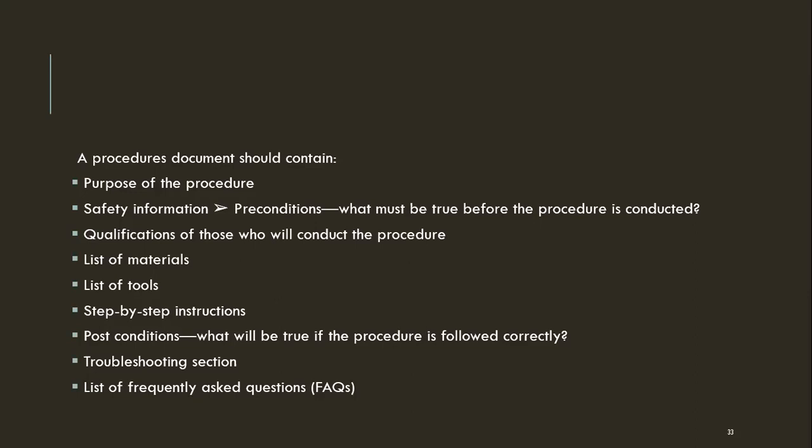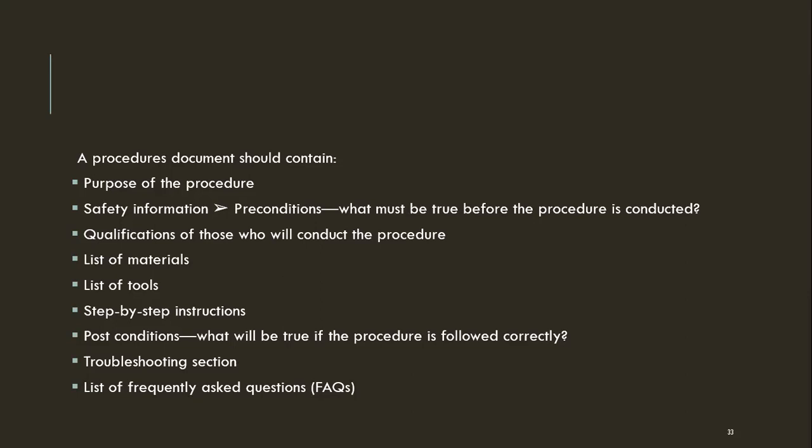So now, let's say you are giving a procedure document for a machine, you have to give safety information about the machine, right? Whether to use a helmet, whether to use gloves, and so on. Then the qualifications of those who will conduct the procedure.